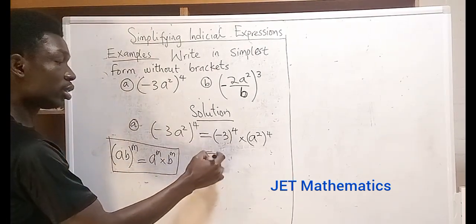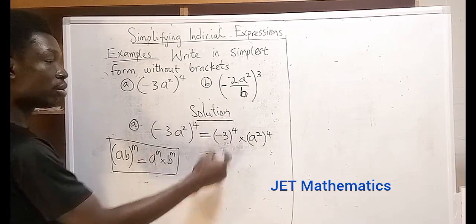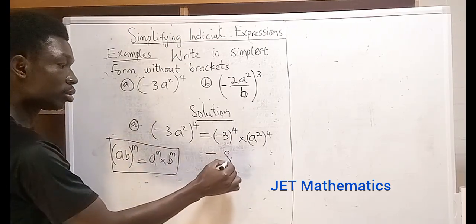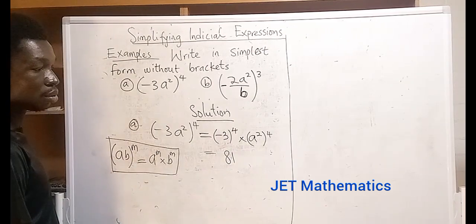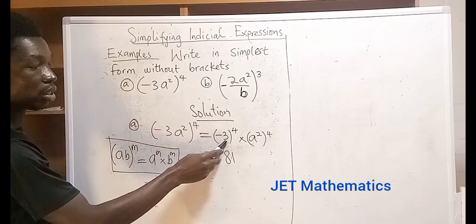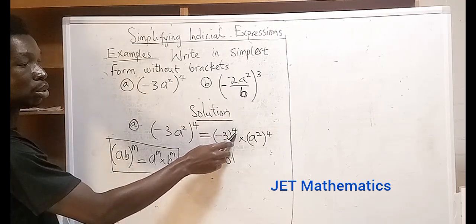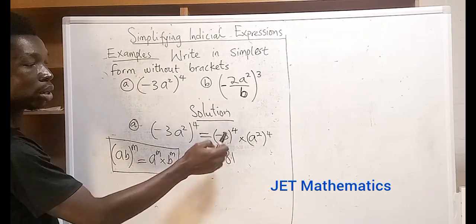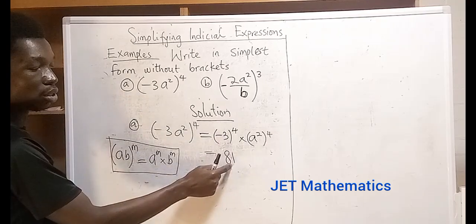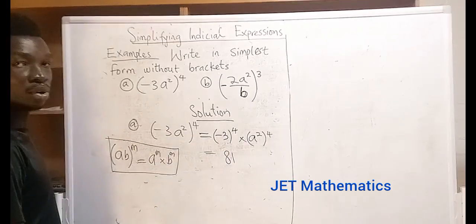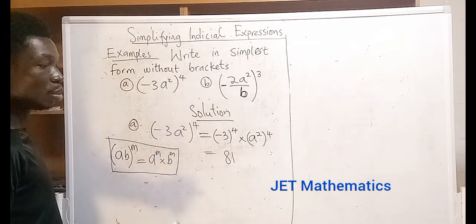Now the next thing is minus 3 raised to the power of 4 is 81. Take note, when a negative number is raised to an even power, the result is positive. I'll take that statement again.